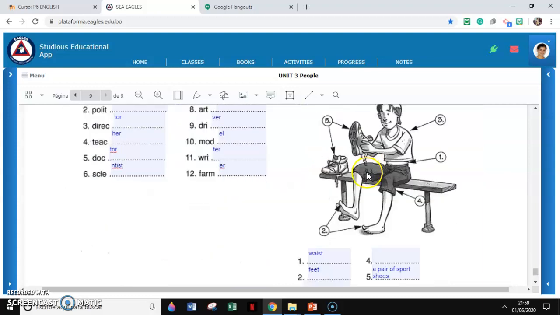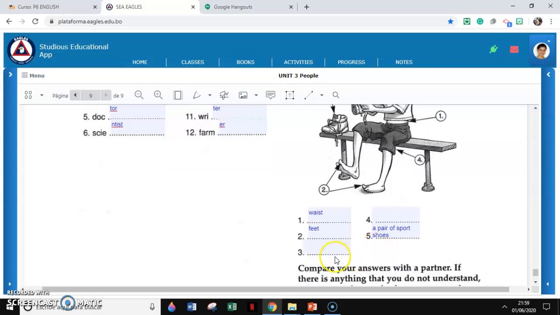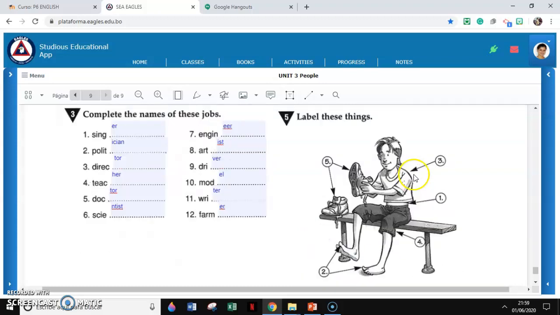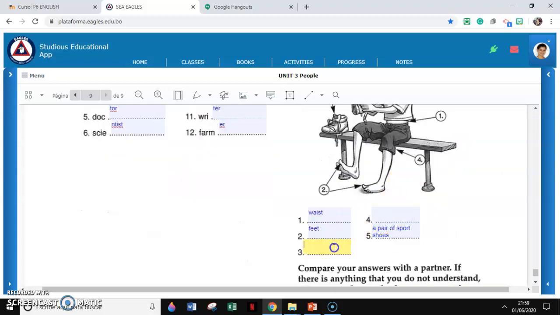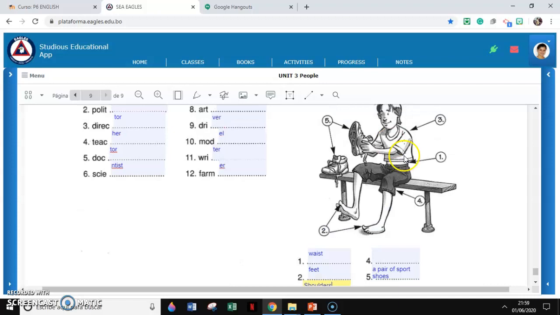Label these things. Number 1, body parts. Waist, feet. Number 3, look at number 3. Shoulders. Number 4, knee. Yes?